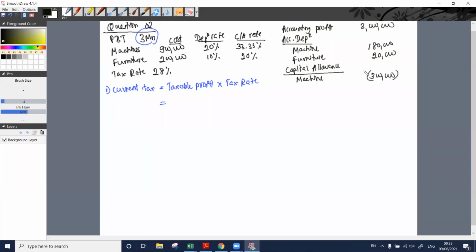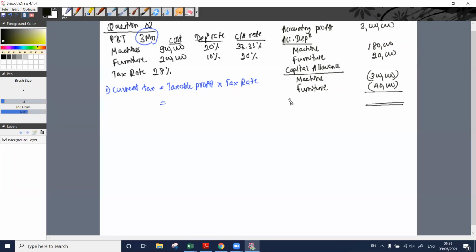This is what is allowed. This is what we can deduct, not the depreciation figure. In terms of furniture, cost is 200,000. Capital allowance rate is 20%. It means 200,000 into 20%. How much? 40,000. 40,000 is the amount that we need to deduct in calculating the taxable profit.